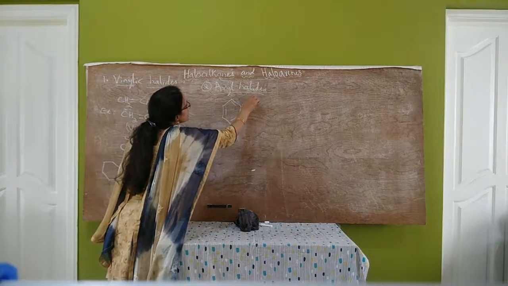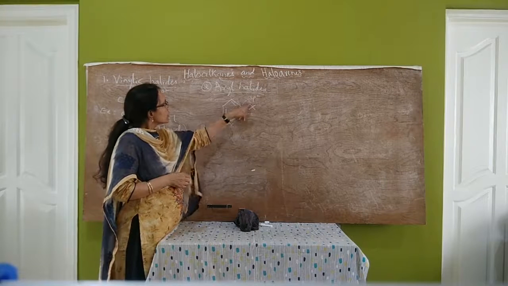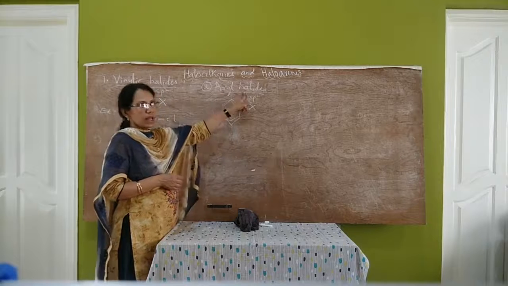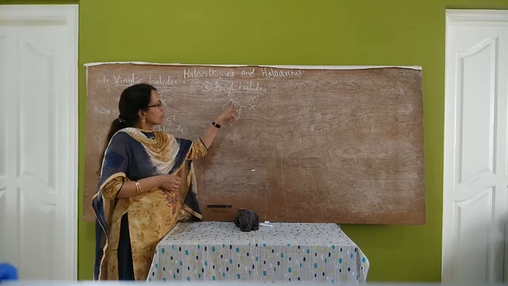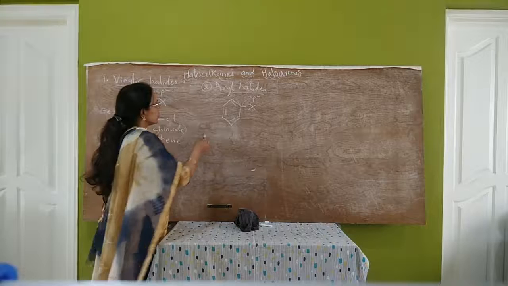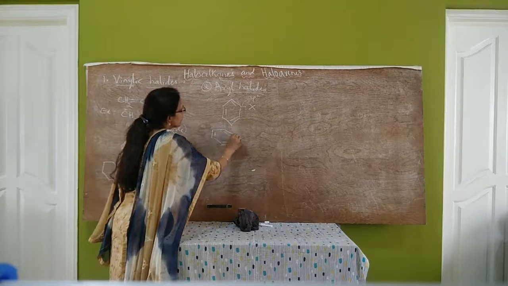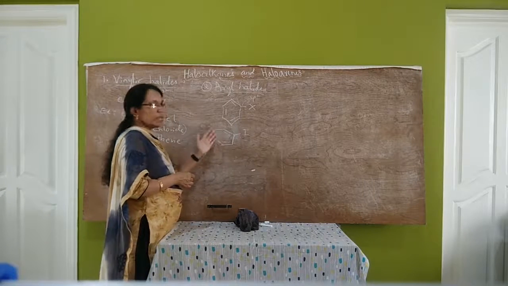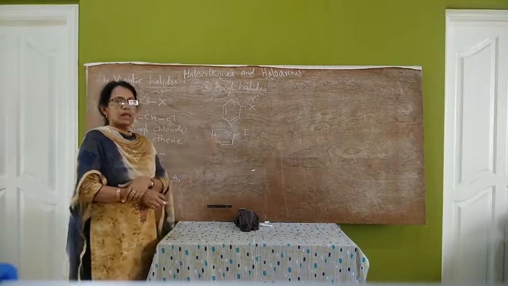This carbon is sp2 hybridized. So in aryl halides, the halogen atom is attached to an sp2 hybridized carbon of the aromatic ring. Examples are chlorobenzene, bromobenzene, iodobenzene, or any other examples. So these are aryl halides.